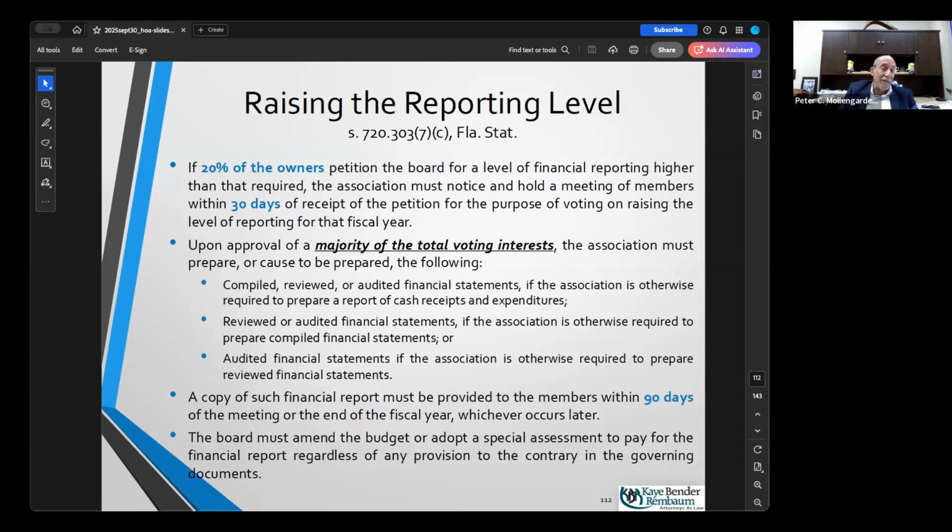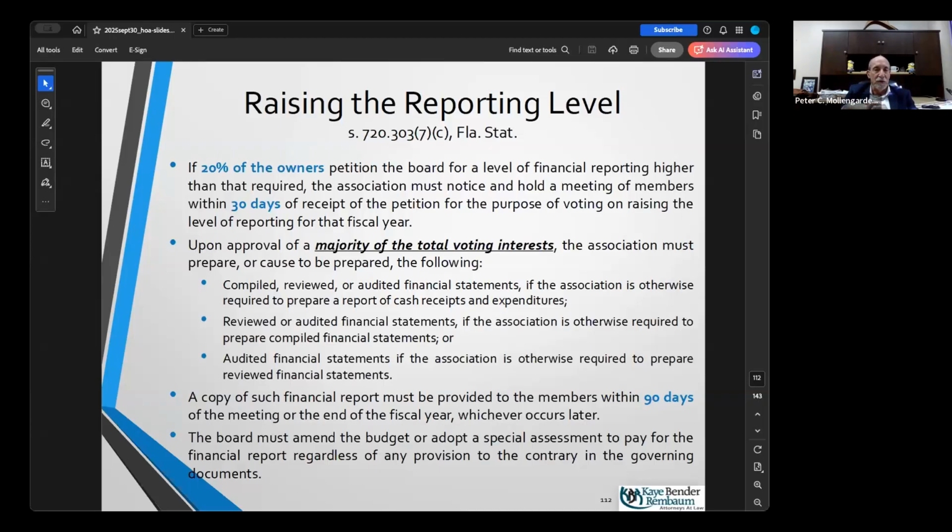Now, the owners, and quite frankly I haven't ever seen this done, but if 20% of the owners petition the board to increase the financial reporting, in other words, we don't want just the cash receipts and expenditures, or we don't want just a compilation, we want a review or an audit. If 20% of the owners petition the board for a higher financial report level, then the association must notice and hold a meeting of the members within 30 days of receiving that petition for the purpose of having the owners vote to raise the level.